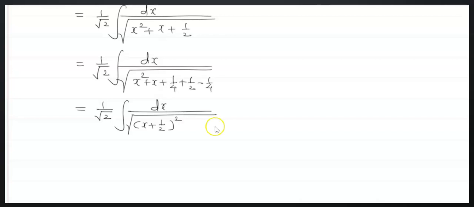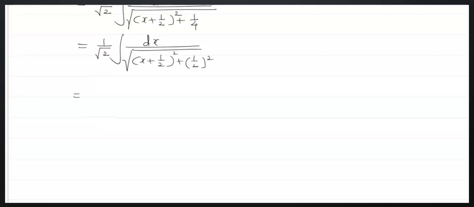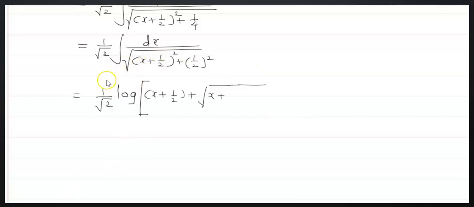That is 1 upon 2 minus 1 by 4 is 1 upon 2 bracket square. Here is a 1 upon 2 bracket square, which is formed in root of x square plus a square. Therefore, I is equals to 1 upon root 2 log of x plus 1 upon 2 plus root of x plus 1 upon 2 bracket square plus 1 upon 2 whole square plus C2.